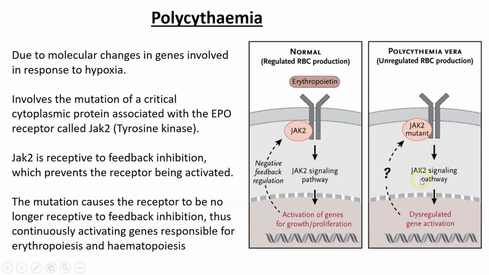So when your body says enough red blood cells, no need to produce any more, the protein simply doesn't respond to it, and so there's no negative feedback, and your cells continue to produce more red blood cells. And that's obviously the reason for cancers, or cancers of at least the blood.